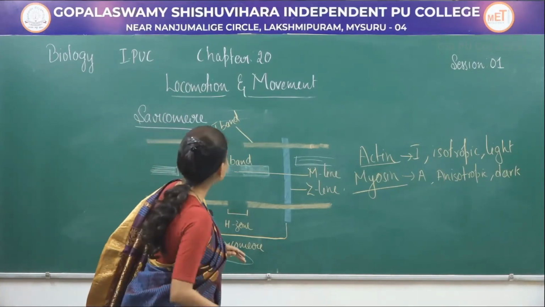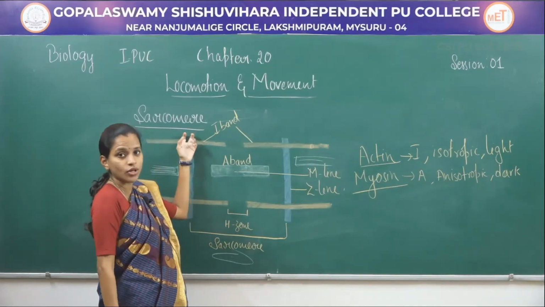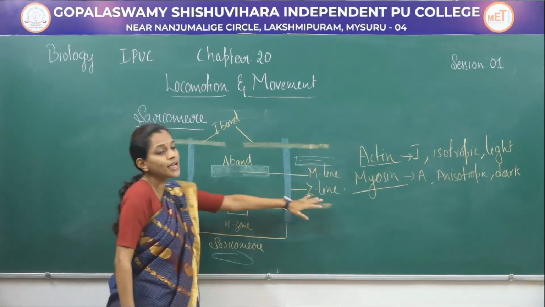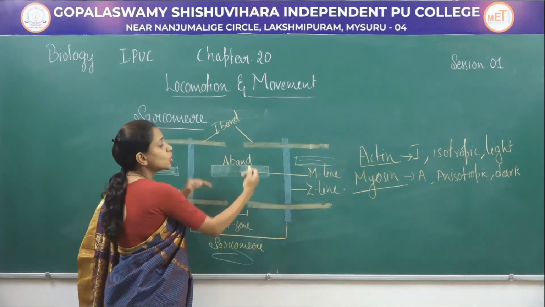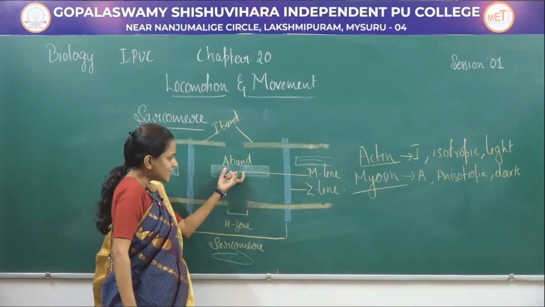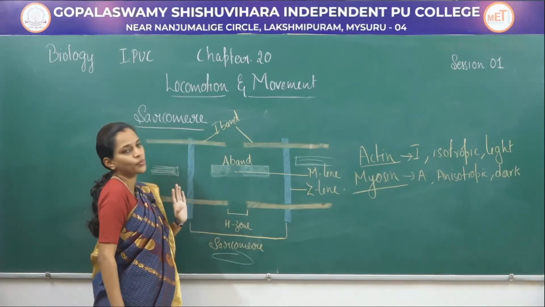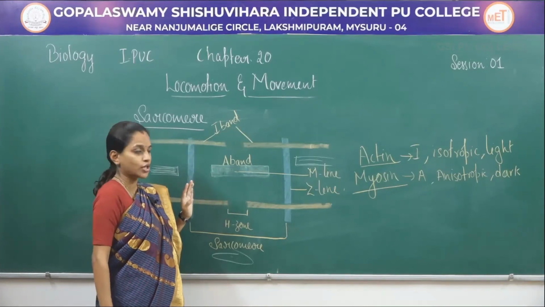Now the I band is the light band containing actin molecules, which in the center has a darker region called Z line, and in between the two I bands it contains a sandwiched dark band, or A band, or anisotropic band, which contains myosin molecules.